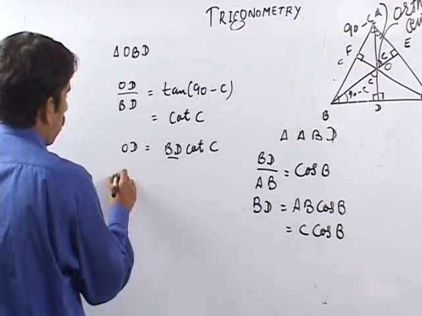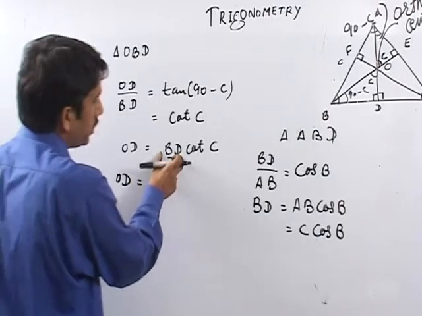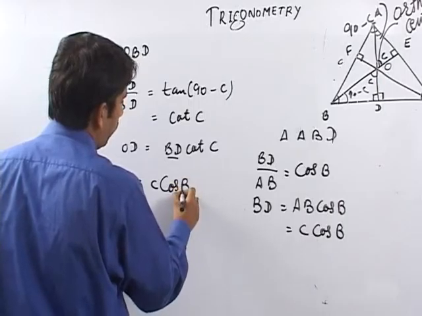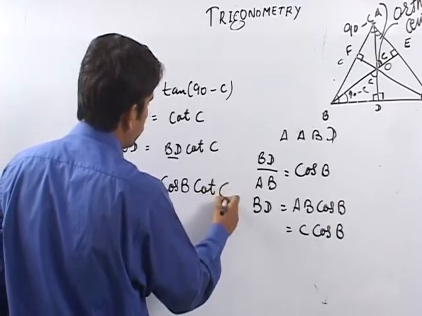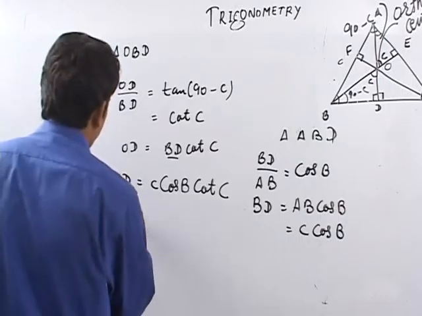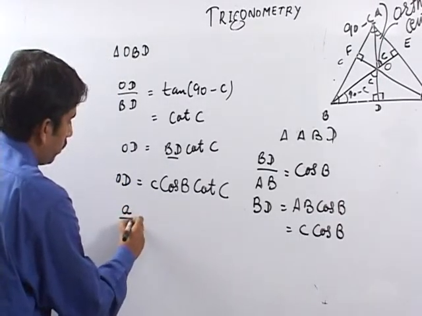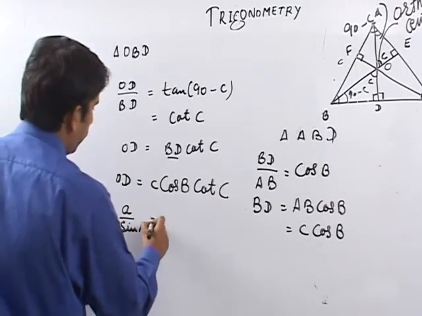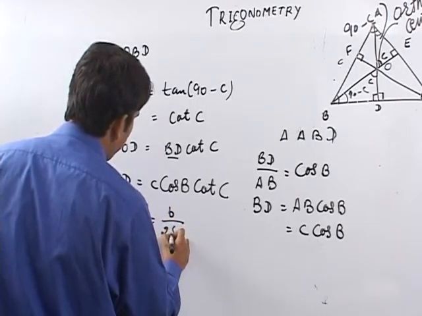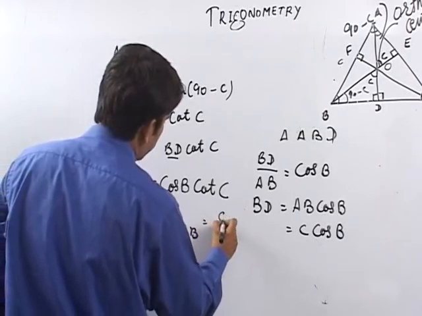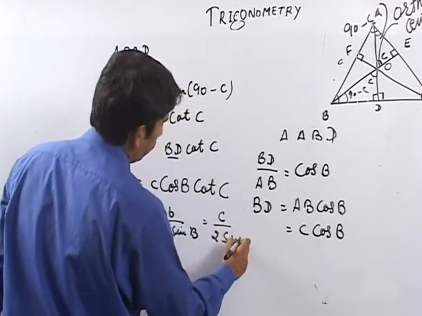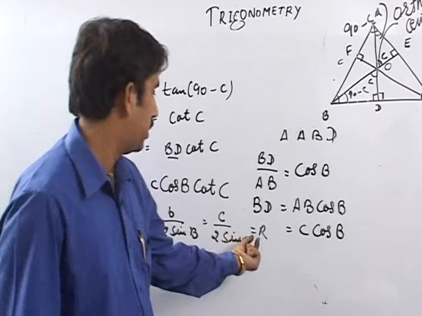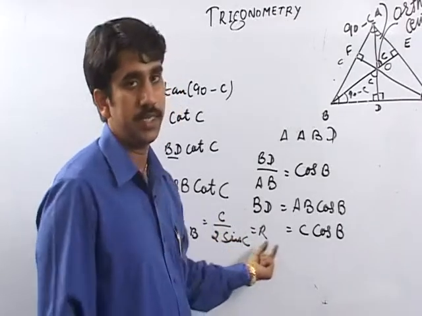Now, OD is equal to, this is BD, put this value here, you will get c cos B cot C. Now, since a over sin A, b over sin B is equal to c over sin C, this is equal to 2R, which was the relation between circumradius, sides and its angle.